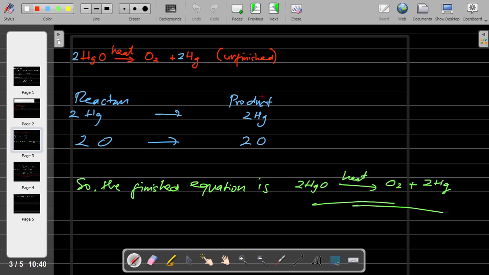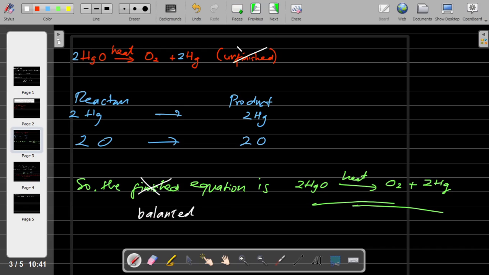Before I start the explanation in this video, I want to clarify certain things. Instead of using finished or unfinished equation, it will be good if we prefer to use balanced or unbalanced equation. So instead of using finished, I suggest you use the word balanced.